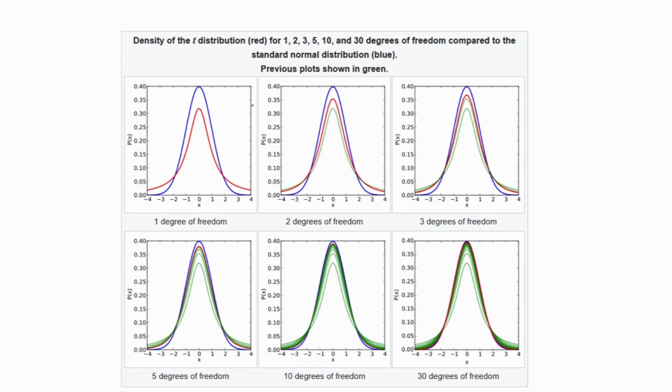This is one more understanding, please see. The blue line on the top figure is the normal curve. Degree 1, then degree 2, and then degree 3.